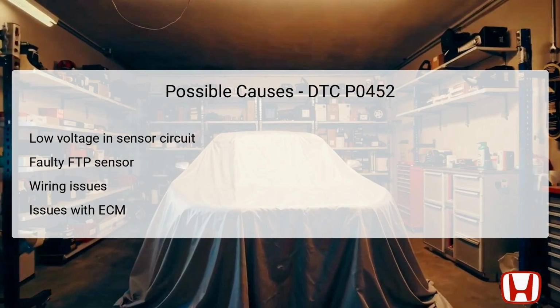Additionally, wiring issues, such as frayed or broken wires connecting the FTP sensor to the ECM, could be contributing to the voltage drop. Lastly, problems with the ECM itself may cause incorrect readings and signal issues, leading to the activation of the DTC. Each potential cause needs to be examined thoroughly for effective troubleshooting.